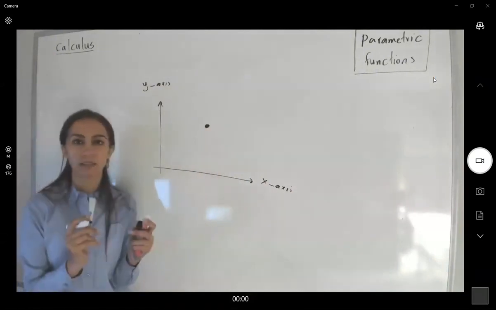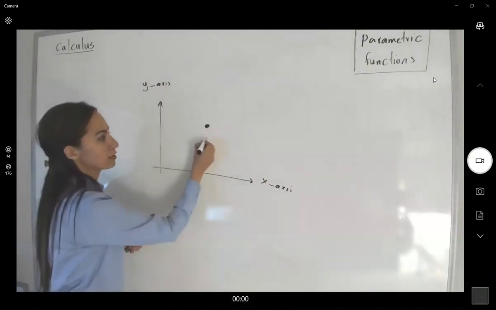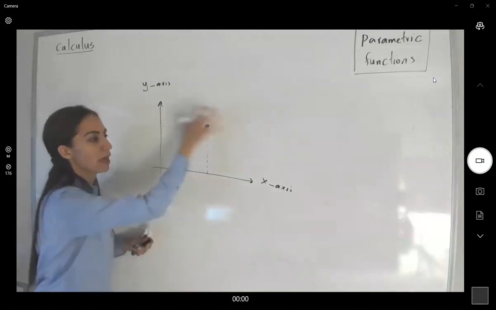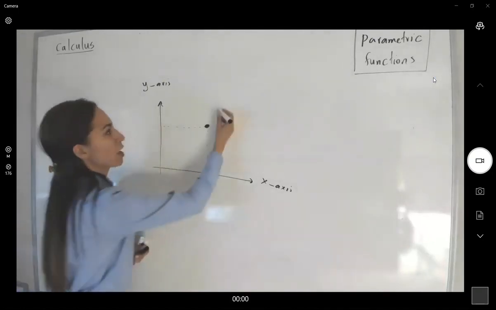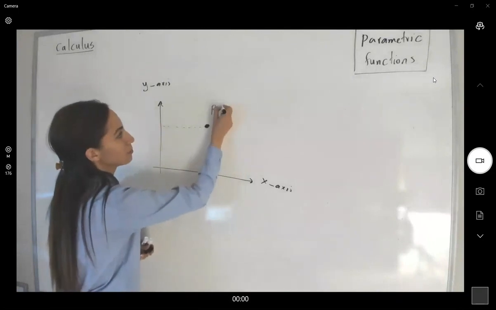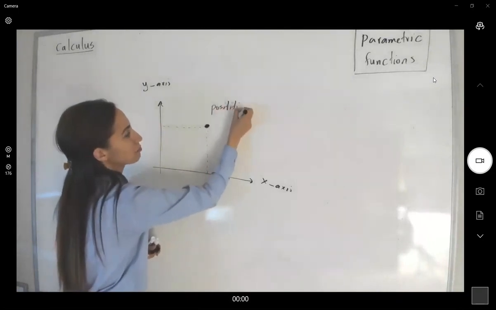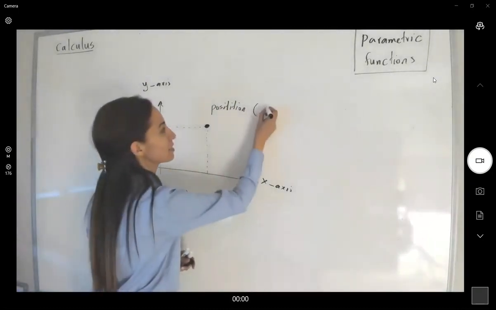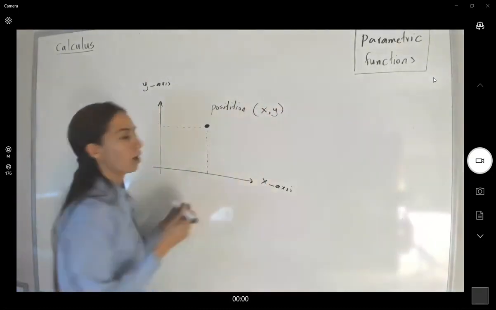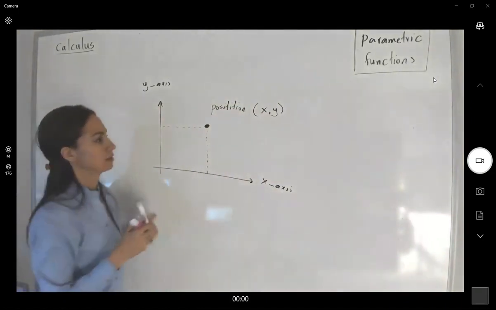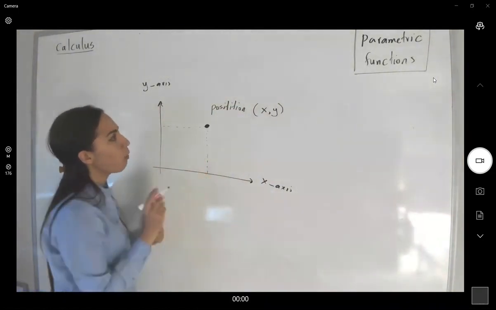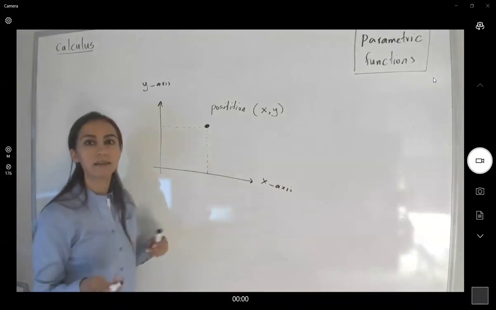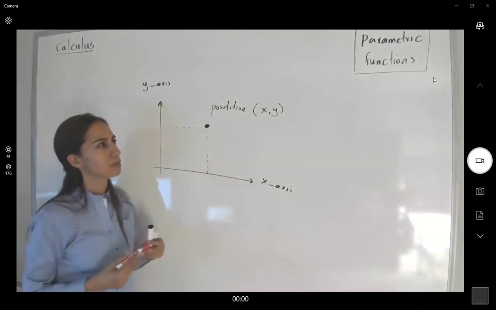This object can be identified by its position in the plane, and the position is denoted by an ordered pair x, comma, y. This is my point representing the position of this particle or this object.